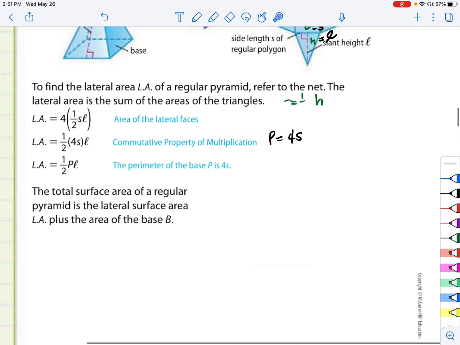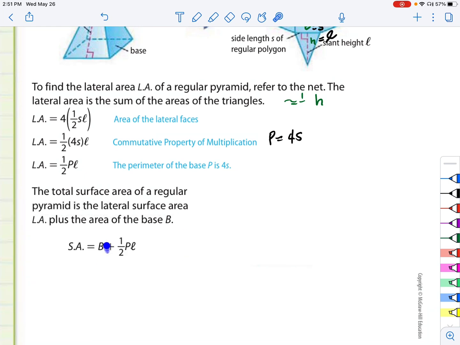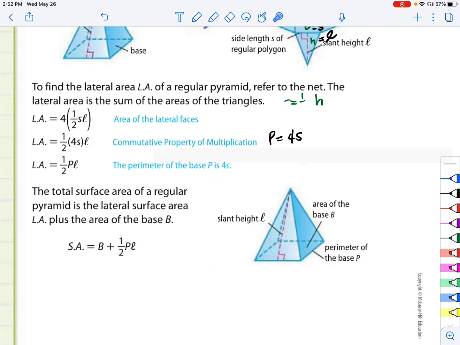So knowing that, the total surface area formula is given as capital B, which is the area of the base, plus 1/2 the perimeter times the slant height, which is also the lateral area of our pyramid. And this is how the model looks.